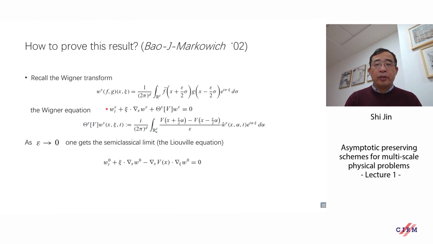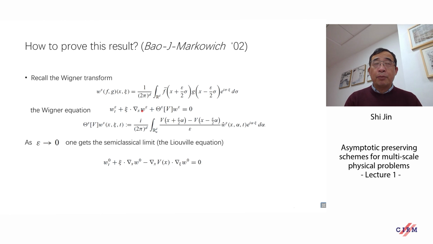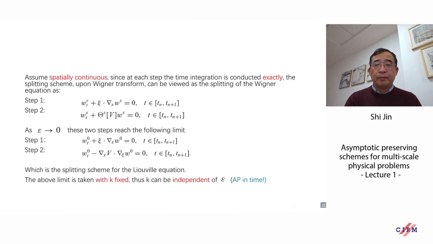So the first step, we just solve this transport equation operator. Second step, we solve W_t equals this, because in each sub-step we have no error in time. So if you take Fourier transform on each sub-step, if we keep space continuous, essentially we have operator splitting for this Wigner equation. All right.